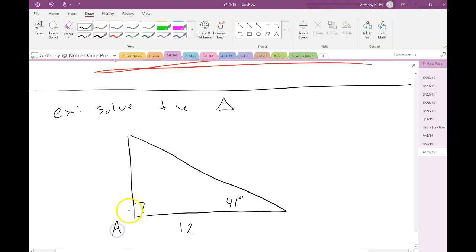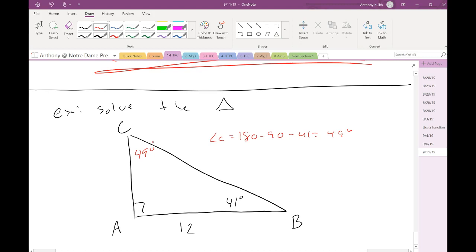So let's give this triangle some names here. What would you like to do first? Find the other angle C? Great. What is it? So that is 49, right? Everybody agree with that? Great.